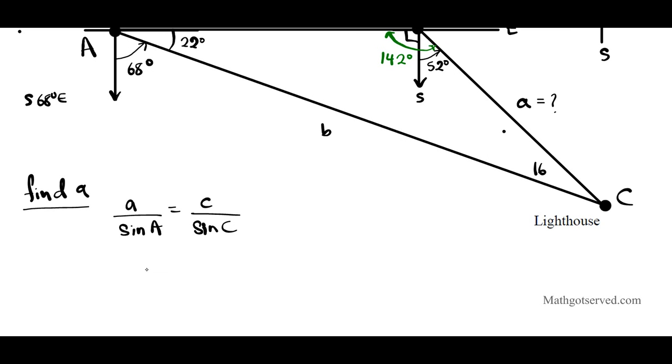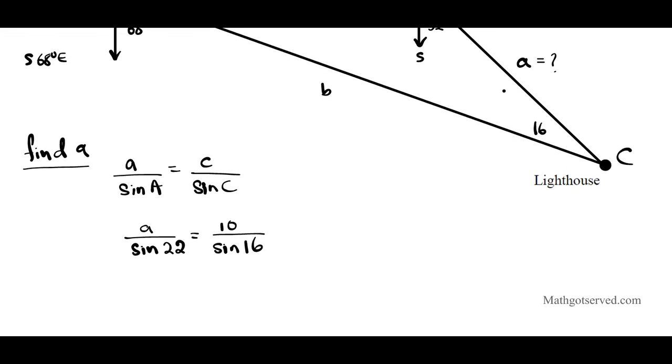Okay, let's substitute the values in. We have a over sine A, where A is 22 degrees, equals little c, which is 10, that we just computed, over sine of big C, which is 16. Now to get a by itself, you multiply both sides by sine 22.